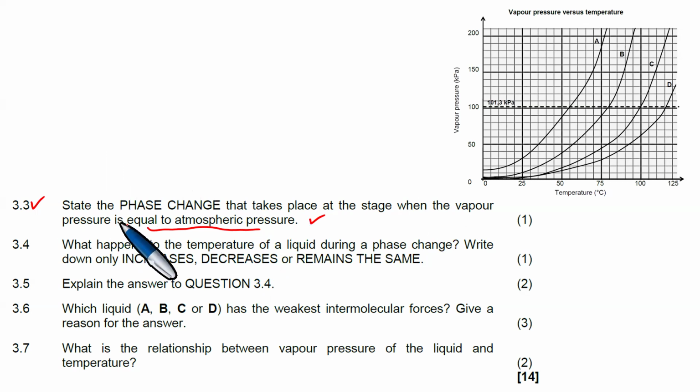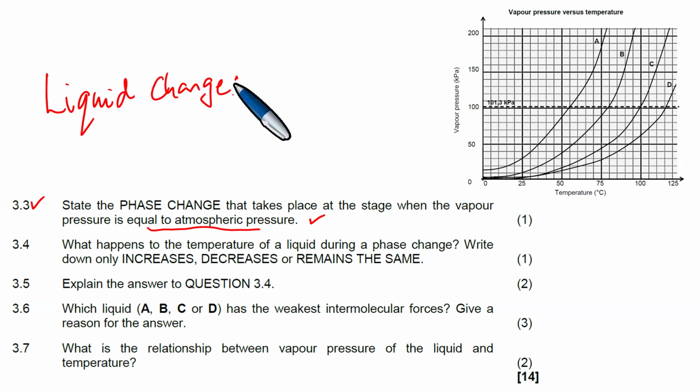So with water, when vapor pressure is equal to atmospheric pressure, what is the state change that occurs there in 3.3? We know that in the case of water, when water starts boiling, liquid changes to gas.